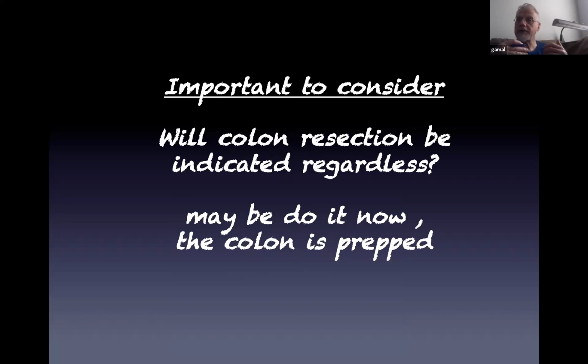The patient is bleeding now and you resuscitated and you gave a couple of units of blood. Why don't you just go and do a right colectomy now? Why do you have to wait and say the bleeding may stop, that's fine, it's going to stop, bring the patient back and do a right colectomy? Fine. Why? The colon is prepped and operation is indicated. Stabilize the patient and do it now with one prep, and the colon is already prepped. So it's just good thinking.